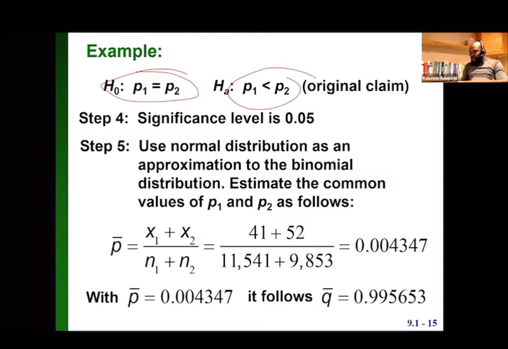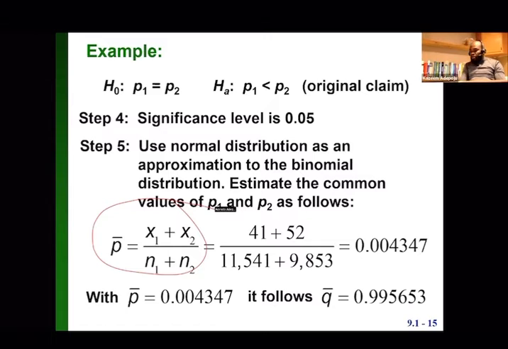Now the next thing you're going to do, we need to specify the level of significance. I used to tell you that you need to disclose the level of significance, which is the level of statistical error, symbolically represented by alpha, which is 5%, or 0.05. Then the next thing you're going to do is get your p bar.